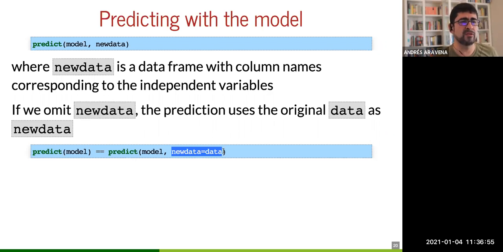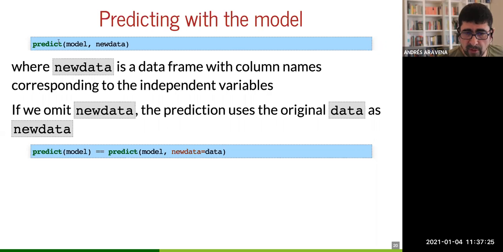It's trying to see how good you were at predicting the original data. You got me? So let's do that. I'm going to take the predict model with the old data and see if the prediction is close to the old data. Okay?